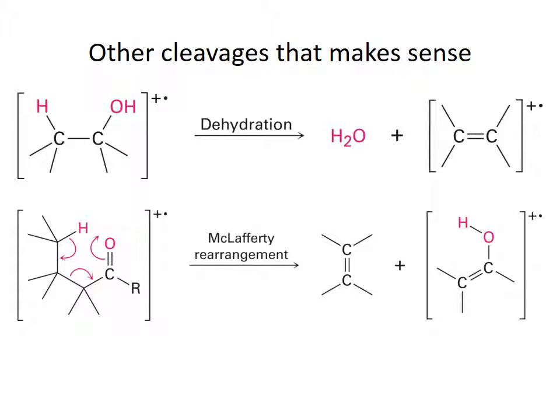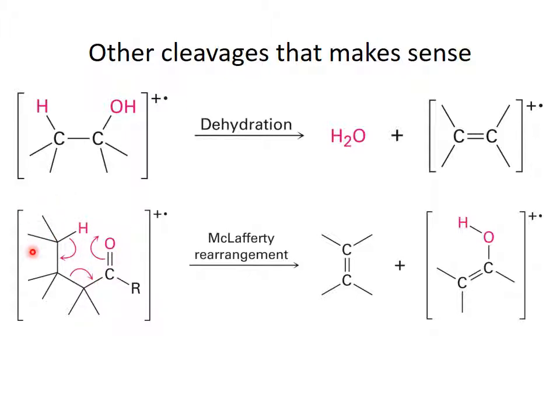Other cleavages that can make sense: when you have an alcohol, sometimes, not always, you'll see dehydration, the loss of a neutral water molecule, and we detect the carbocation left behind. Another one that makes sense is when you have a carbonyl with 1, 2, 3 carbons away a hydrogen.